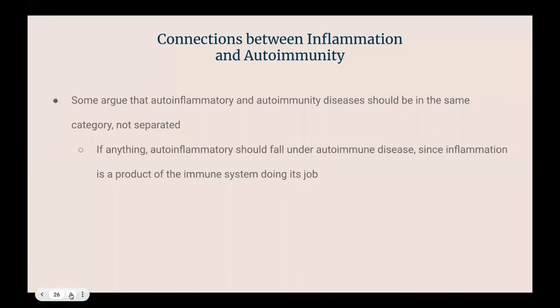So, a review done by L. Shibani and others suggests that autoinflammatory diseases should actually be categorized under autoimmune diseases, since autoinflammation is generally an autoimmune disease. Both are attacking the healthy cells instead of doing their normal function and attacking the unhealthy cells.